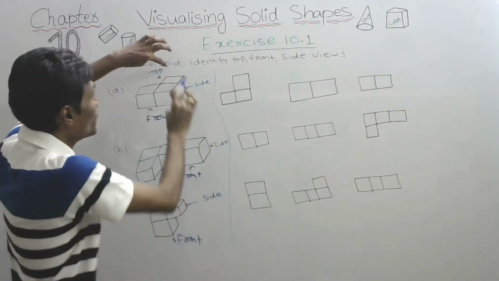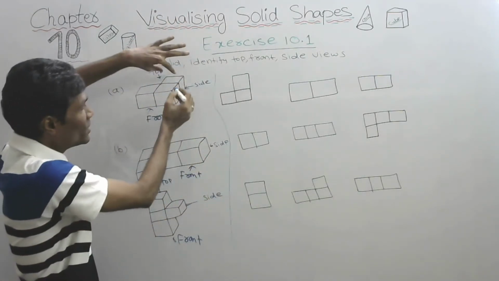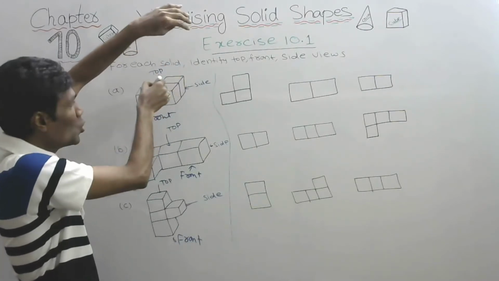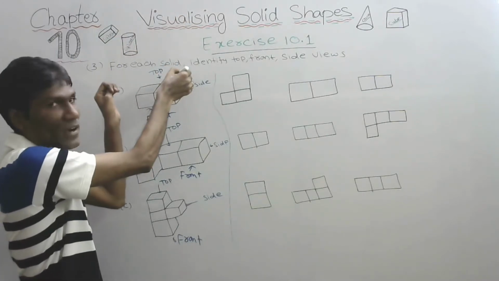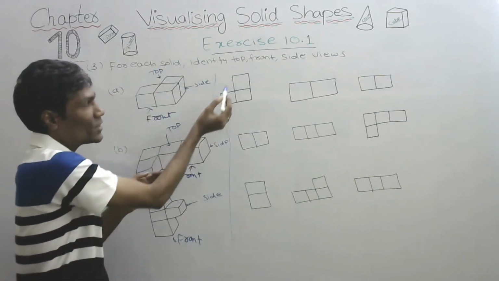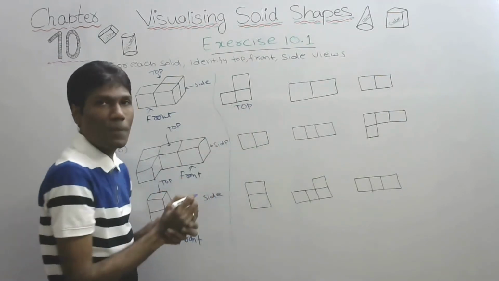Now see, from top how it is going to look, just observe. From top, 3 are like this. 2 are at a stretch, and by one side one more is there. So 3 like this. Here it is. So this is top.